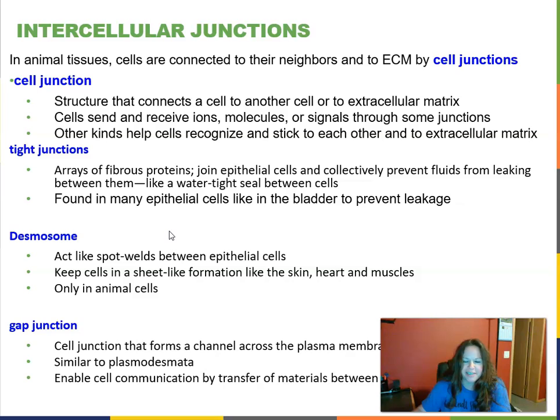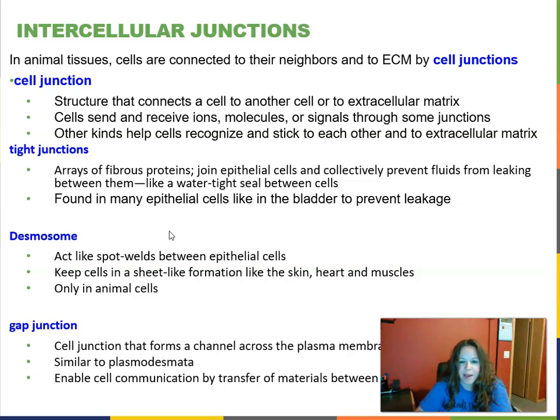A great example of where you would need that would be the epithelial or covering cells of the bladder. We obviously wouldn't want the urine and toxic wastes to leak out of the bladder into our body cavity. We want that to go out of the body. So thank goodness for these tight junctions that keep those cells very tightly kind of welded together.